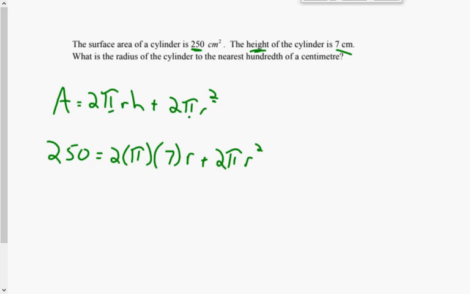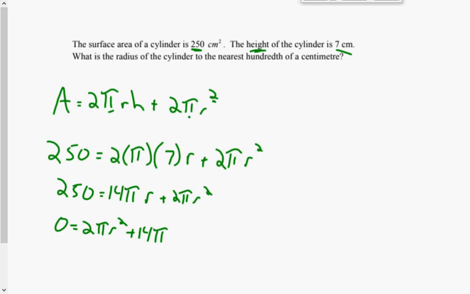So this is going to be 250. So then I'll bring the 250 over. I'm just going to rearrange everything. Minus 250.